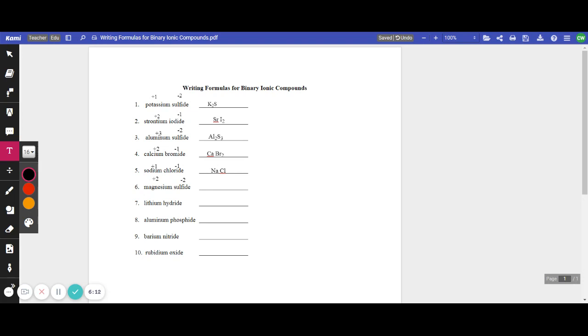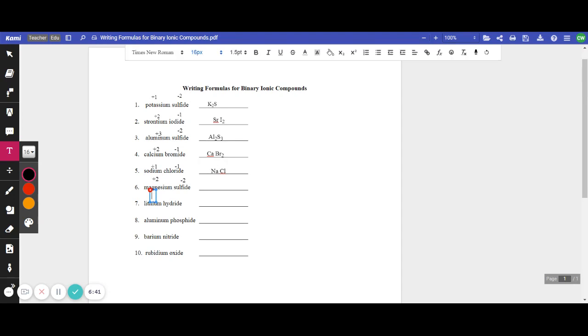Same thing here: if you wrote Mg2S2, you would need to divide everything by 2 and reduce that down to 1, which you don't write. So be careful if you are using the crisscross method. You still have to look at the formula and think, is it written in the lowest possible numbers for the subscripts? If not, reduce it down by dividing. That's why I'm not crazy about the crisscross method, but you can use it.